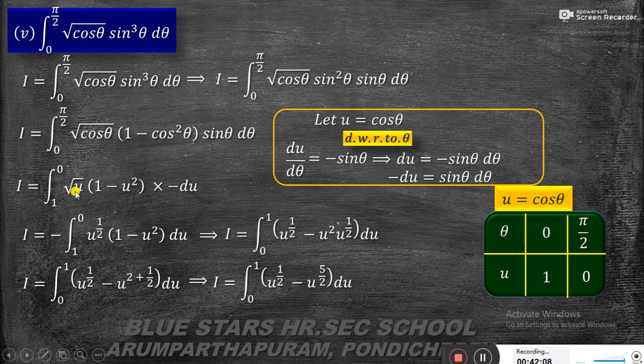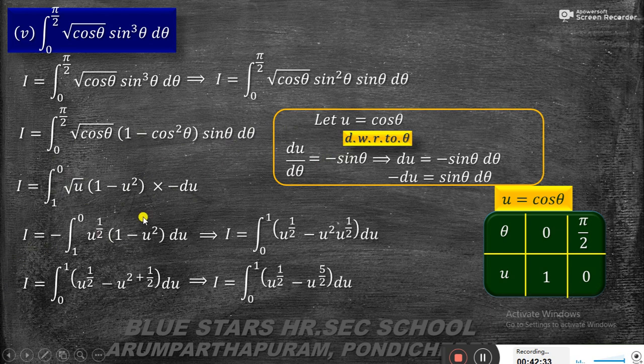Now I substitute, that means the limit 0 to pi by 2 we write as 1 to 0, so instead of 0 I substitute 1, instead of pi by 2 I substitute 0. So 1 to 0, square root of cos theta, here cos theta equal to u, so square root of u, 1 minus cos square theta is 1 minus u square, into sin theta d theta means minus du.